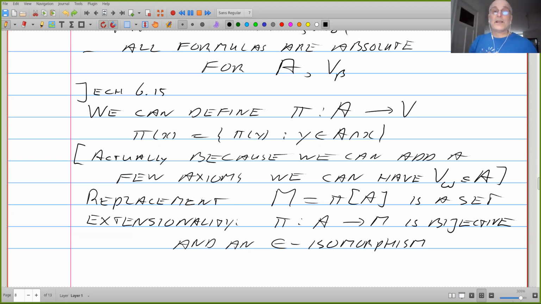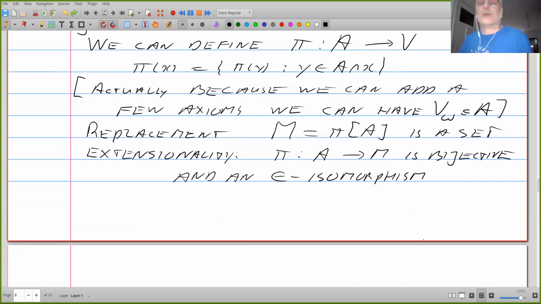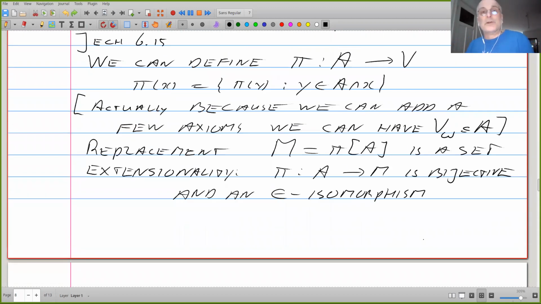X is a member of Y if and only if pi of X is a member of pi of Y. And that gives us finally what we were looking for.